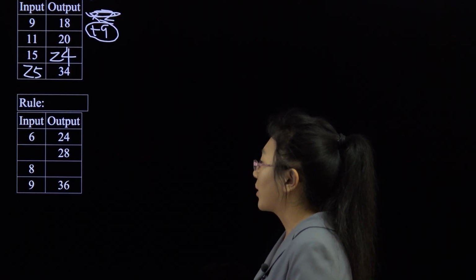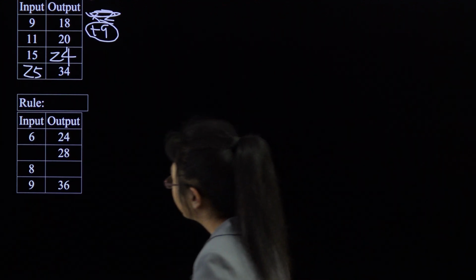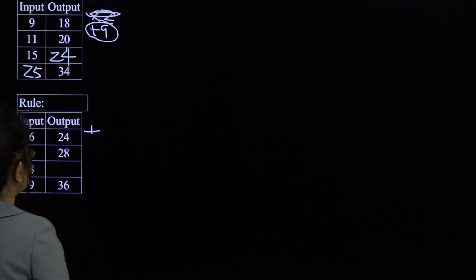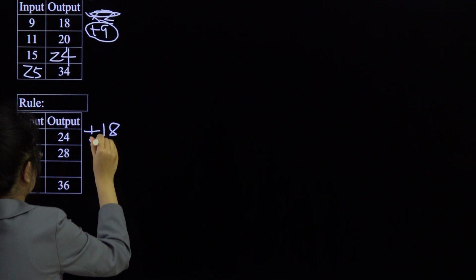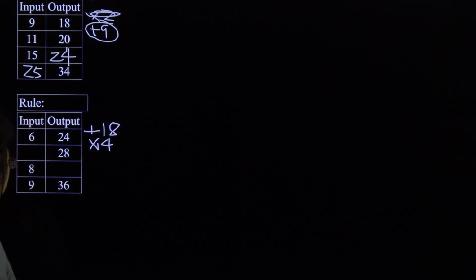6, 24. So 6, it's either plus 18 or times 4. Now we look for another input-output pair that is complete, which is 9 and 36.